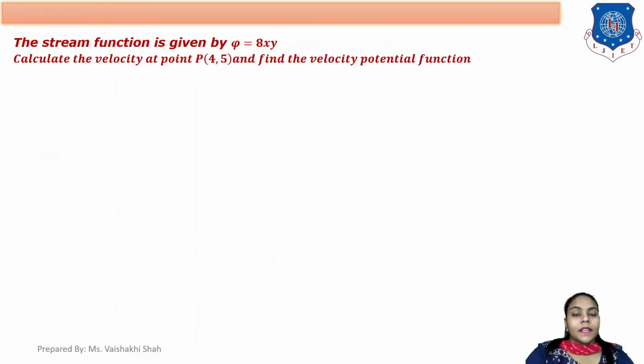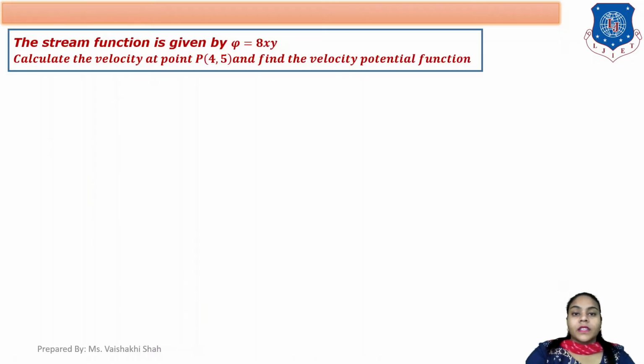Okay. Now, next example, stream function is given by psi equals to 8xy. Calculate the velocity at point 4, 5 and find velocity potential function. So, in this example, first of all, psi is given to you, which is 8xy, and the point given to you is 4, 5.